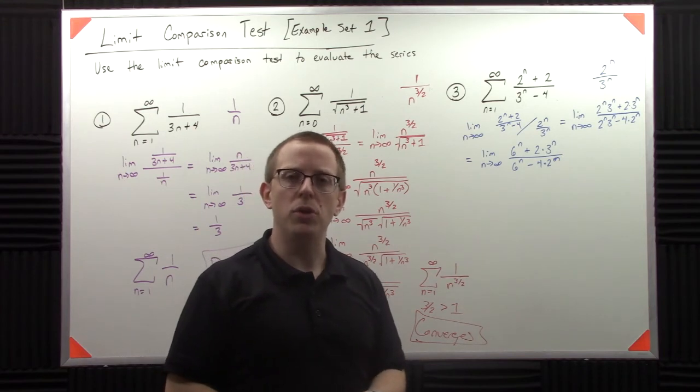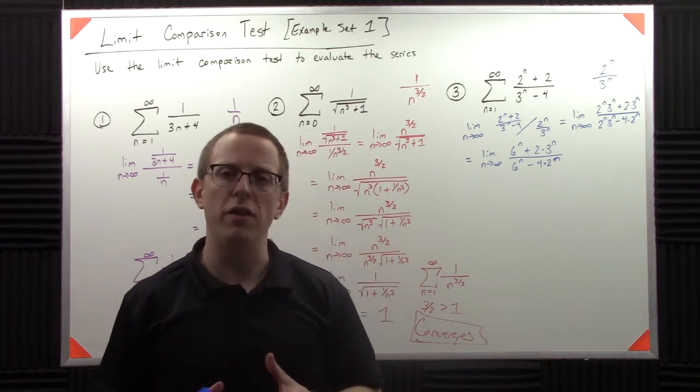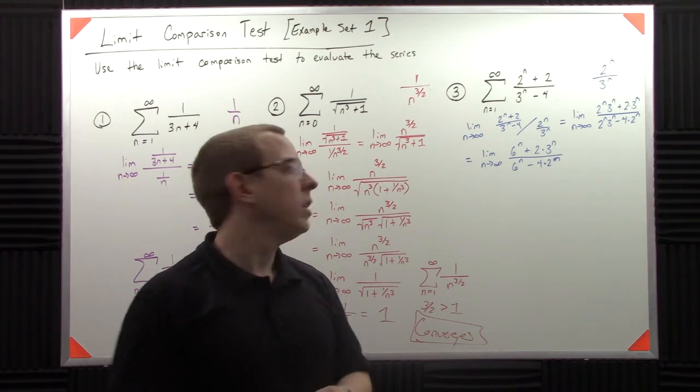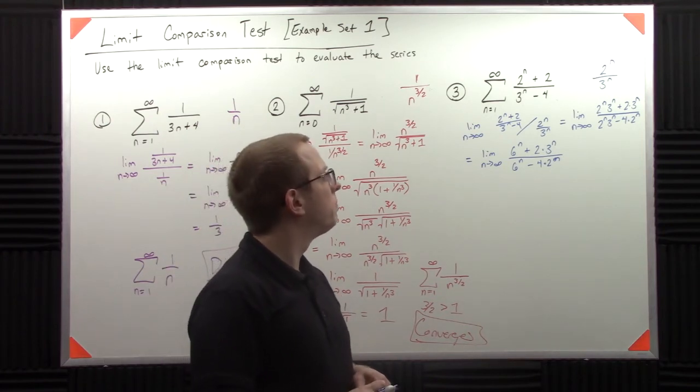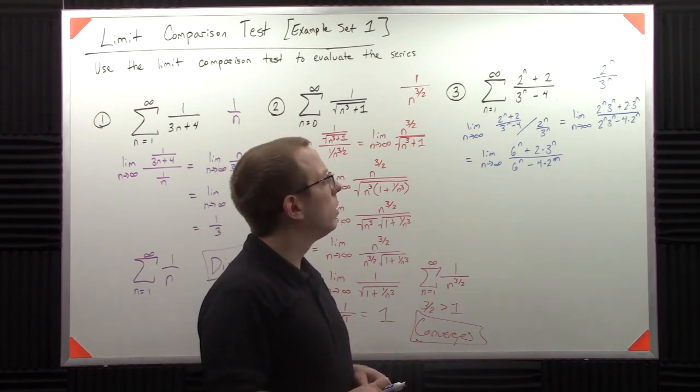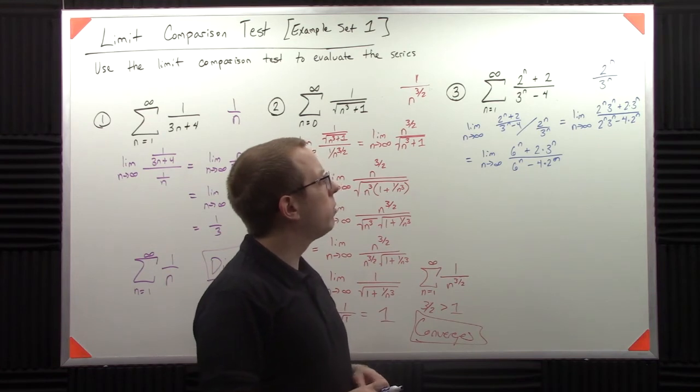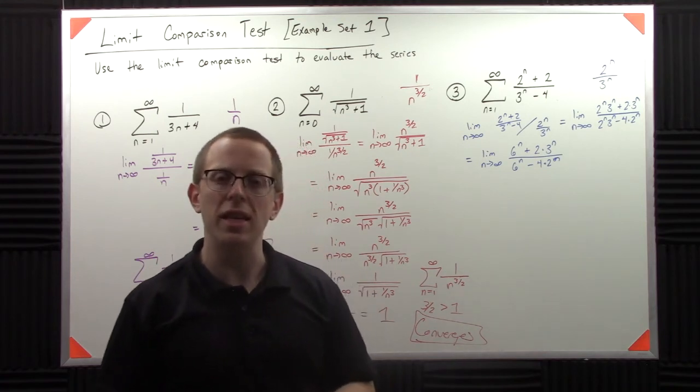This is kind of gross. Probably the easiest thing to do would be to factor 6 to the n out of everything.